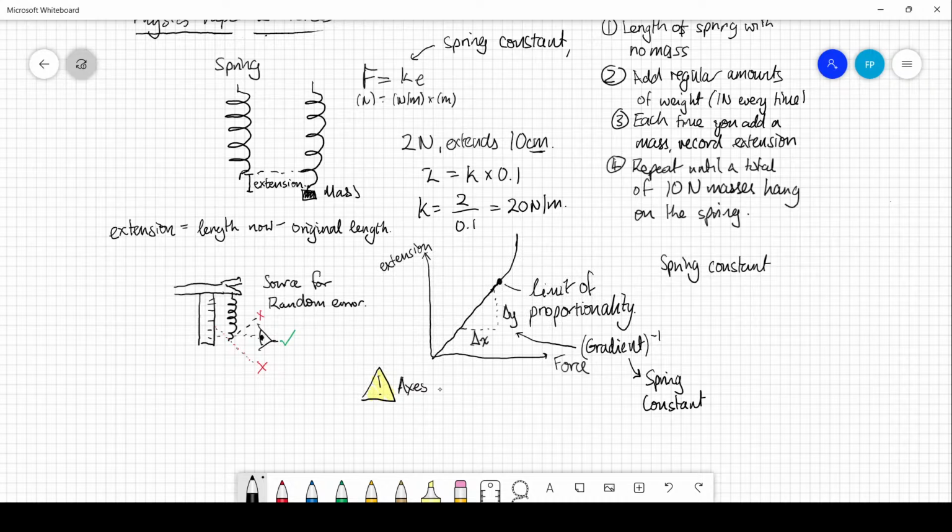They might be switched around. So in that case, instead of the line eventually curving up, you'll get the line start to curve and flatten a bit. But the same limit of proportionality is when that line just about stops and then starts to curve. That's the limit of proportionality. It's still the same thing.